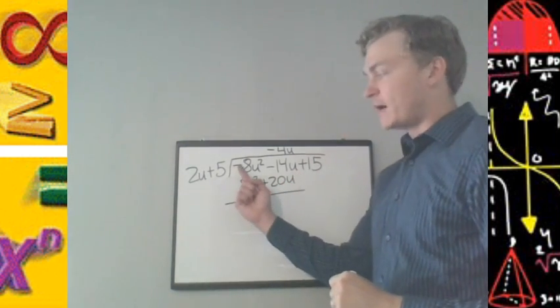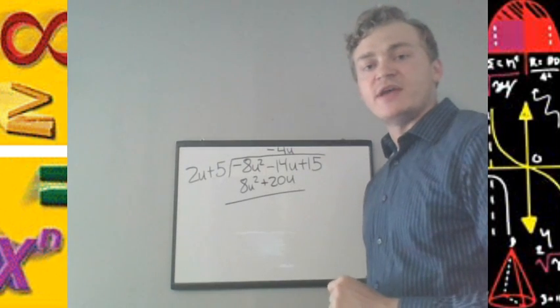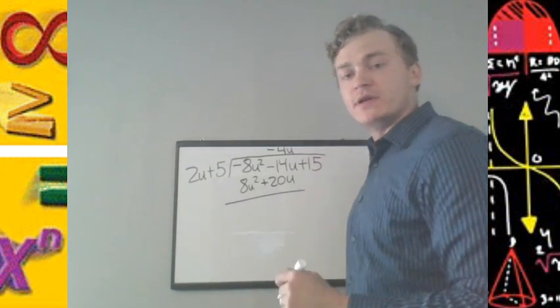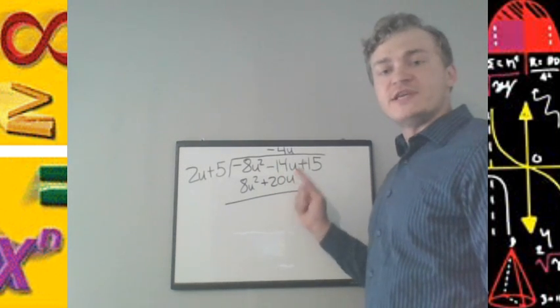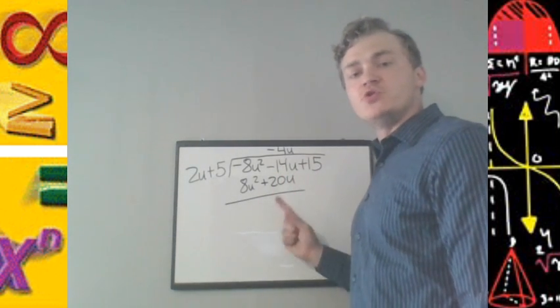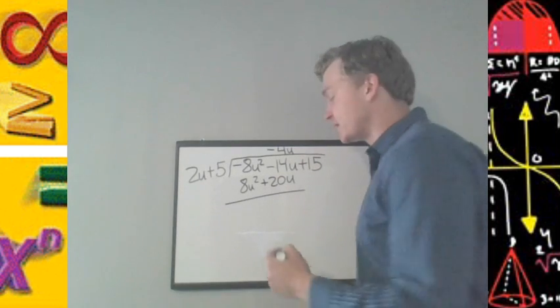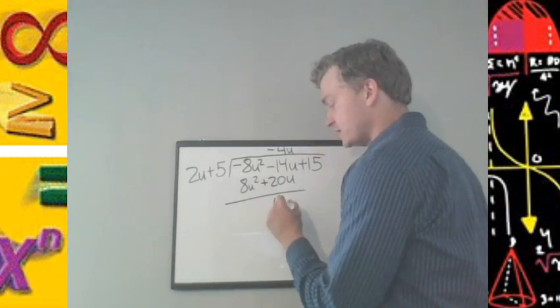Combining like terms, minus 8u squared plus 8u squared is 0u squared, so we ignore it. Minus 14u plus 20u, 20 minus 14 is a positive 6. So we get here 6u.